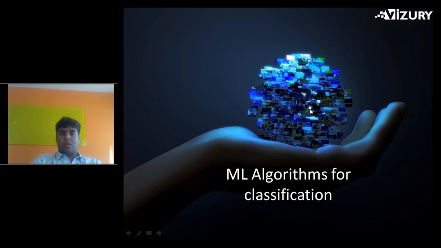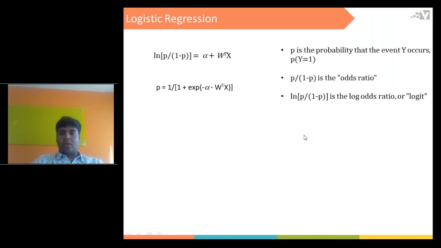So start with logistic regression. Logistic regression is, I'll say, the most widely used classification algorithm. The formulation is basically an equation very similar to the linear regression algorithm, wherein the only difference is that instead of y on the left hand side, we have a log of odds ratio, also known as logit.